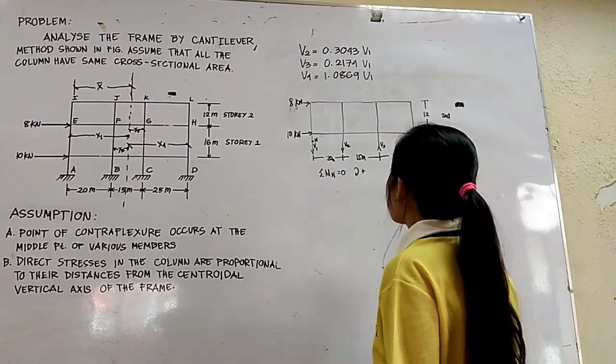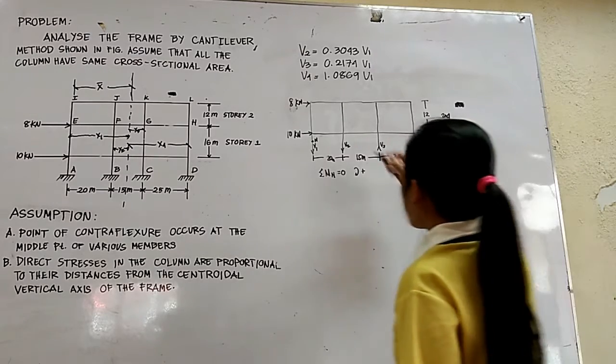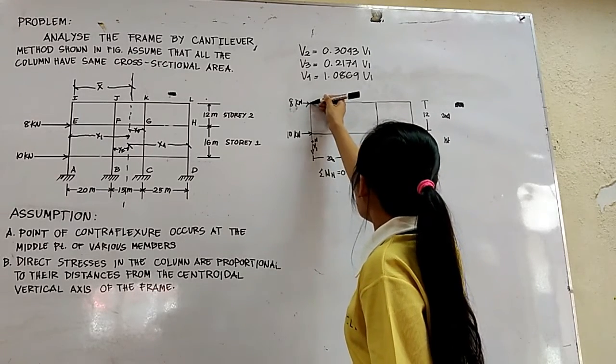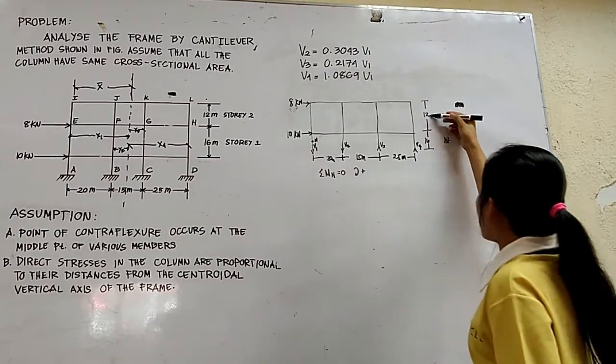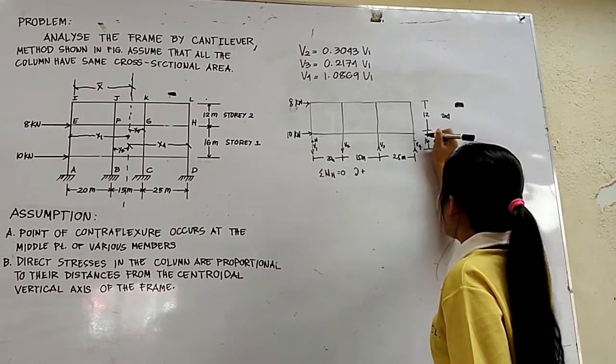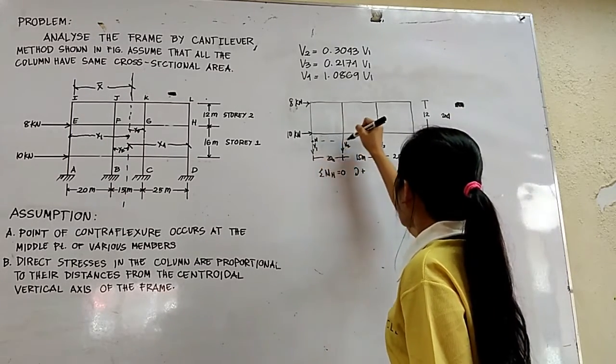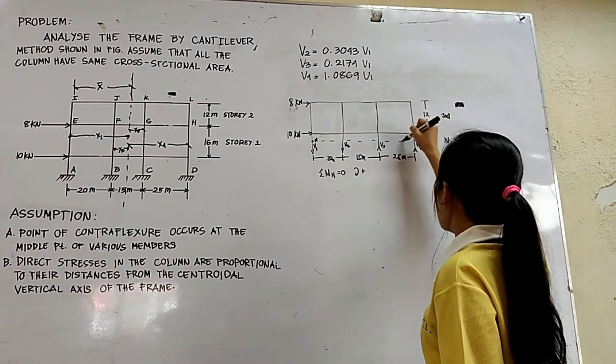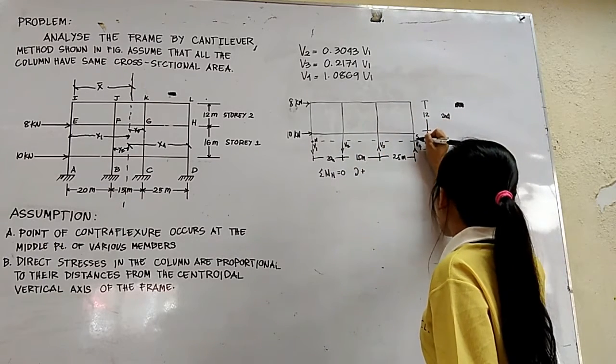Clockwise is positive. So here, this 8 kilonewton times the distance, 12 plus half of this, because our contraflexure is in the middle of the first story, which is 8.